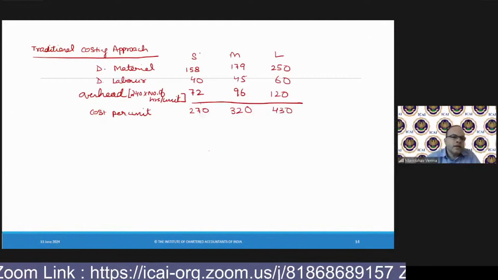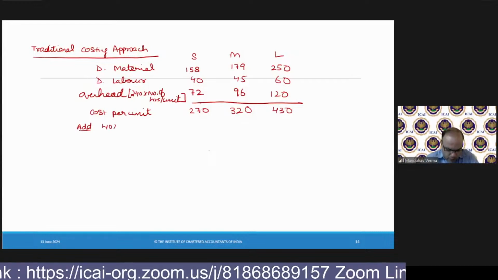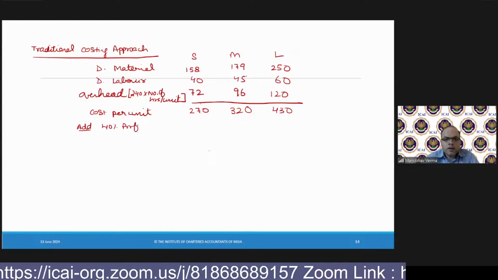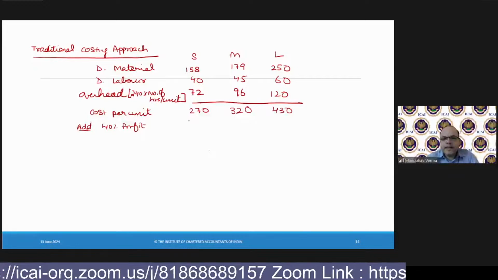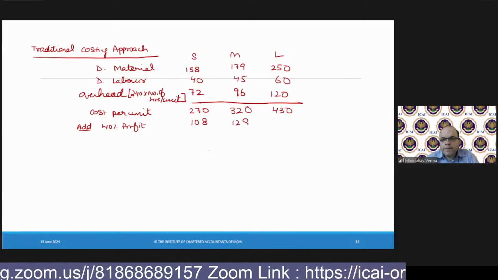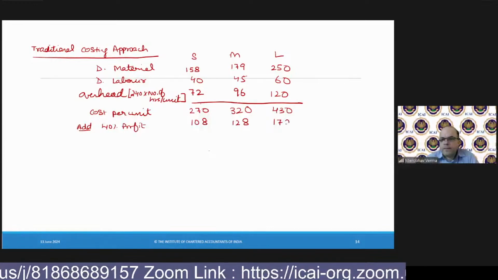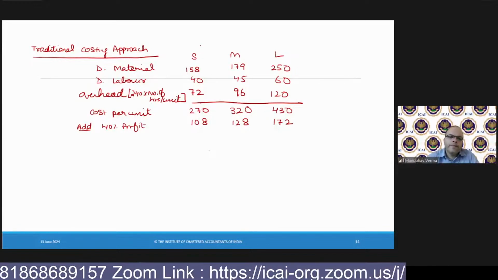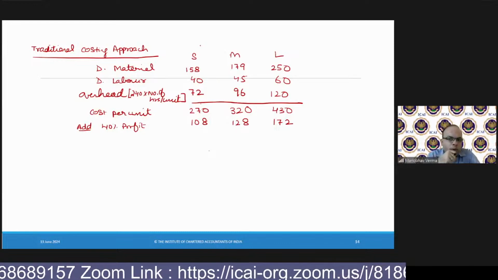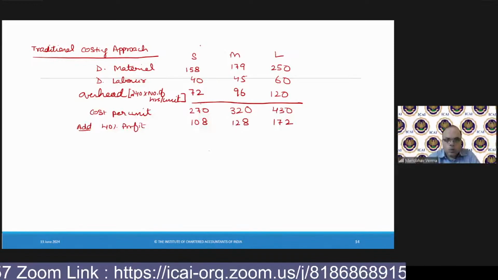So we can add the profit margin here. 270 into 40%. So we're looking at 108, 128, and 172.